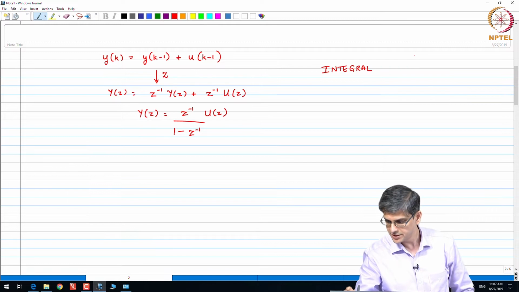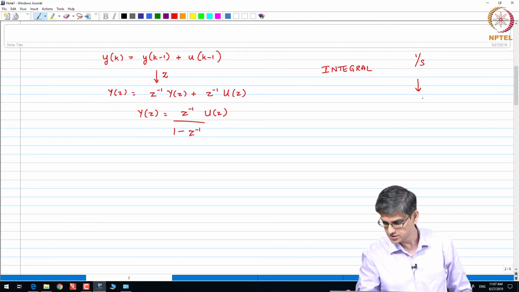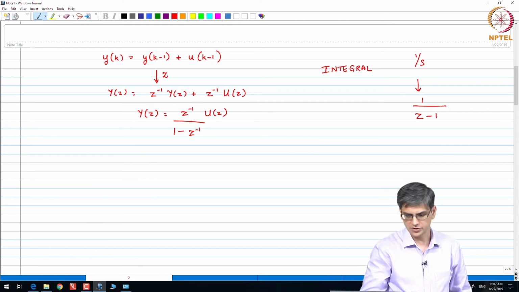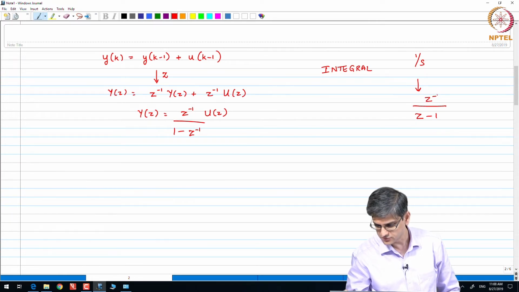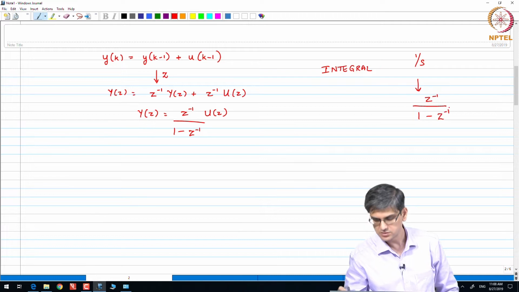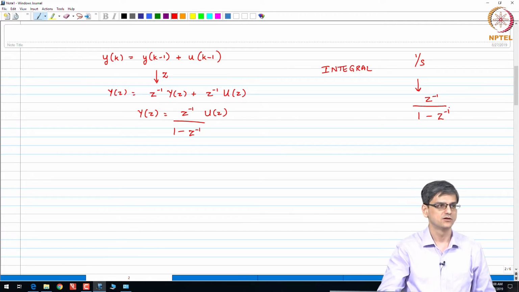An integral in continuous time is 1 by s, and an integral in discrete time is 1 divided by z minus 1. I prefer to write it in this form, z inverse divided by 1 minus z inverse.